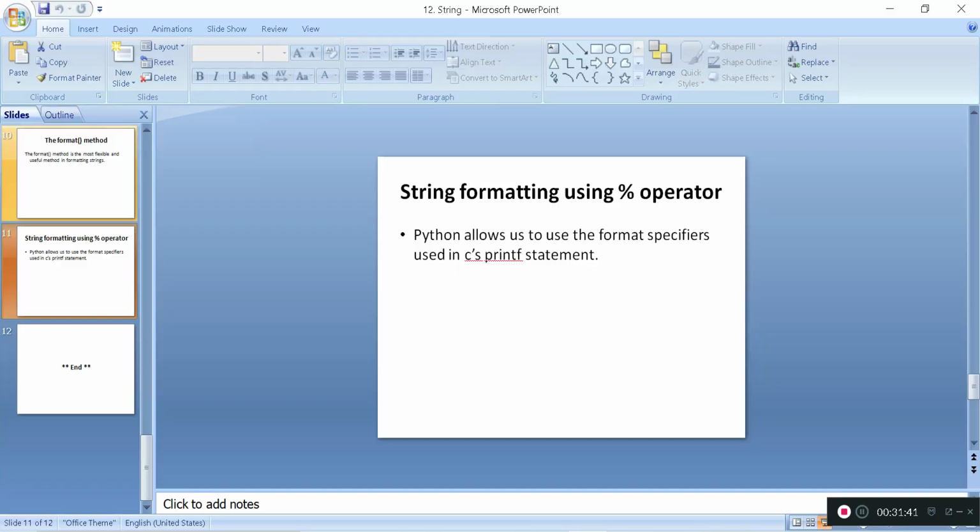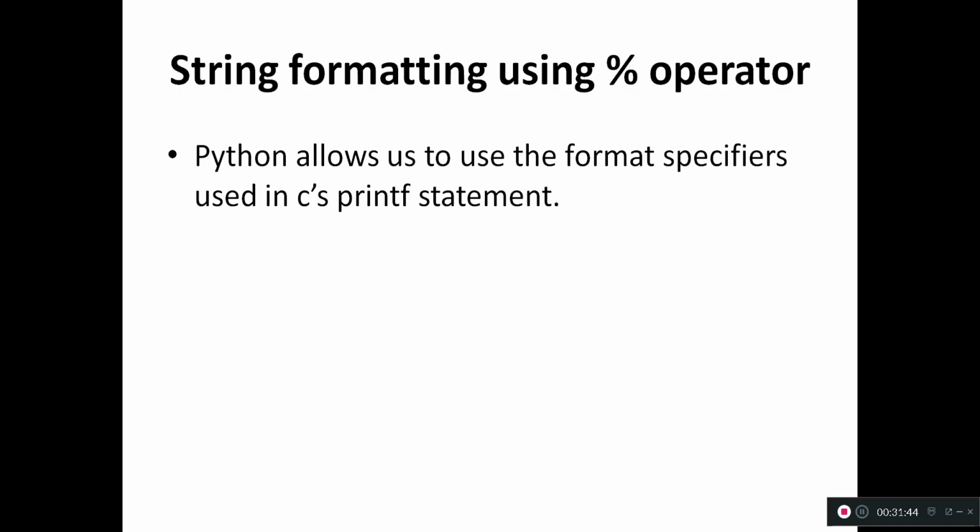Now, string formatting using the percentage operator. Python allows us to use the format specifiers used in C's print statement. The format specifiers in Python are treated in the same way as they are treated in C. However, Python provides an additional operator, percentage, which is used as an interface between the format specifier and their values.